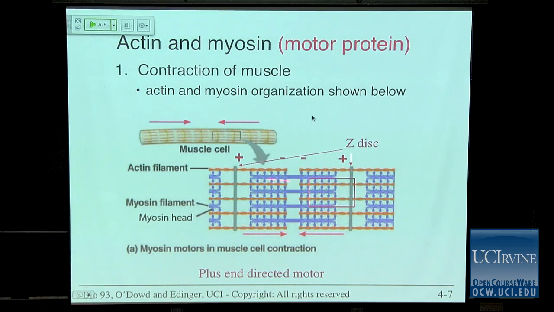Okay, so what happens is, in the presence of calcium, the heads of these motor proteins will bind to actin, they will exert force, and they will pull in this direction on this side, and in that direction on the other side. So if I was standing right in here, and I'm the tail region of the motor proteins on this side, our myosin heads are on this side, and then we have myosin heads on this side. In the presence of calcium, they bind to the actin, they exert a ratcheting force.